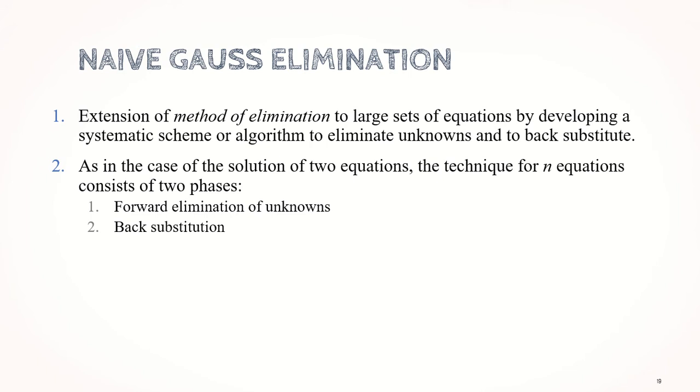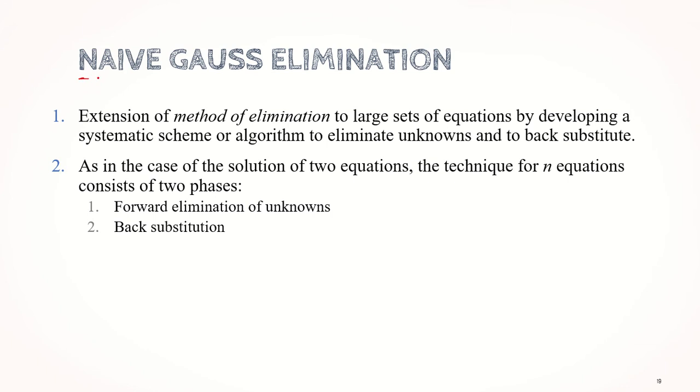One of the methods we are going to use is Gauss elimination. Although this technique is ideal for computer usage, we need to modify it to avoid division by 0. However, for the basic method of Gauss elimination, we start with naive Gauss elimination.